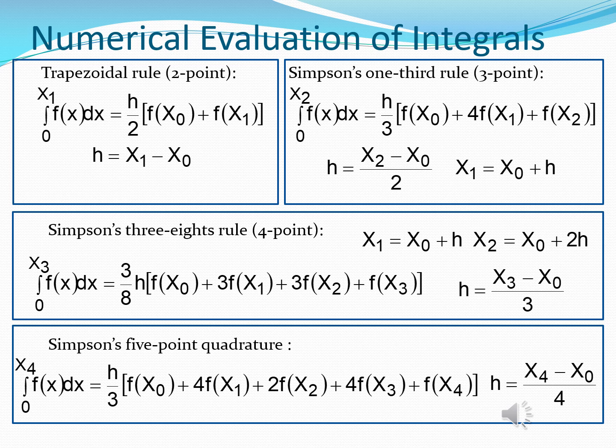We apply the limit and directly use the expression h over 3 times the function of the first value, plus 4 times the function of the second value, plus the function of the third value. x naught is the first value, then the second and third. So it uses only 3 points; just put in the values of h and these function values, and you can solve the integration and get your answer.